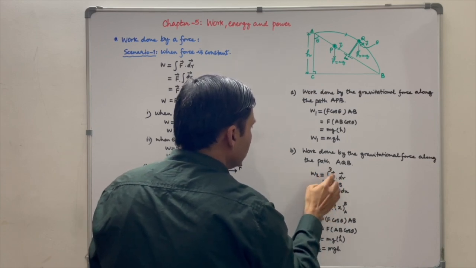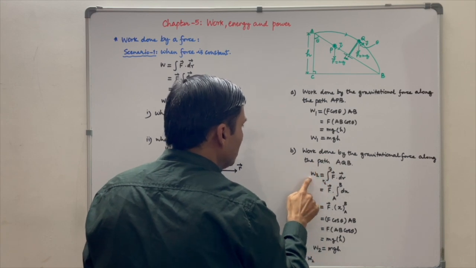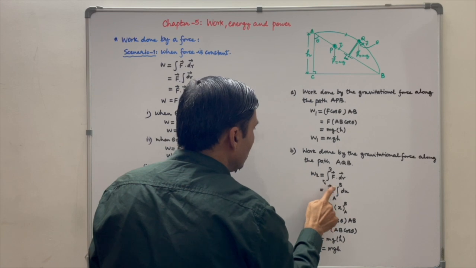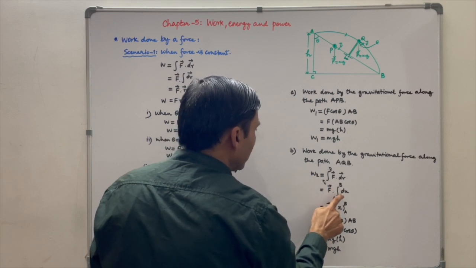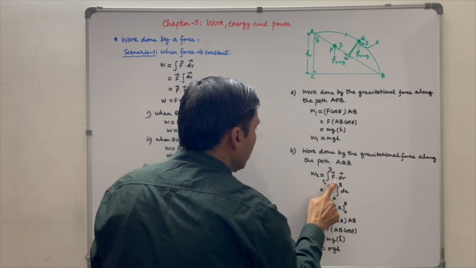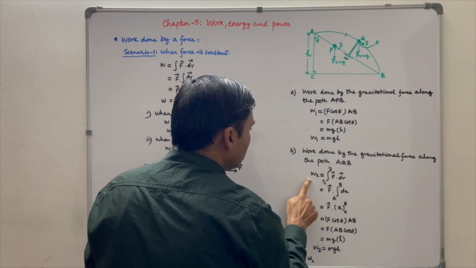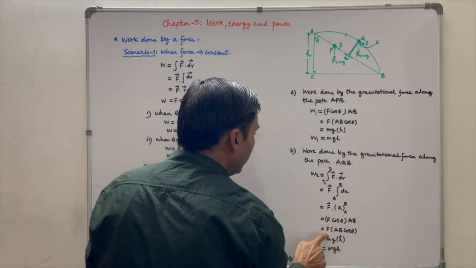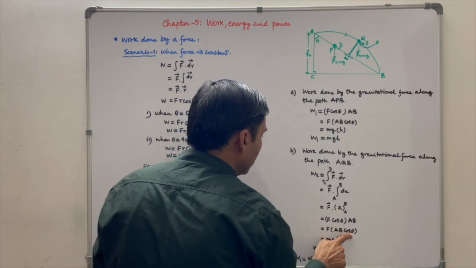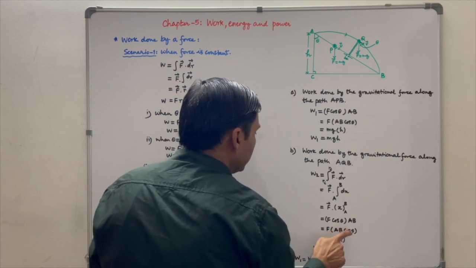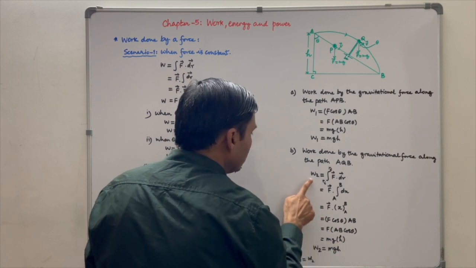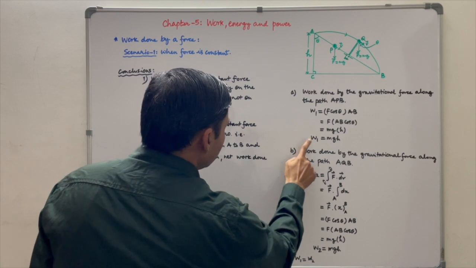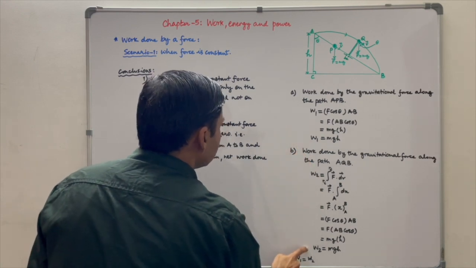Since F is constant, it can be taken out. So W2 is equal to F dot integration of dx from A to B. And integration of dx from A to B is AB. So W2 is equal to F dot AB, and F dot AB is equal to F into AB cos theta. AB cos theta is equal to h, so W2 is equal to mgh. We notice that work done is same in both the cases.